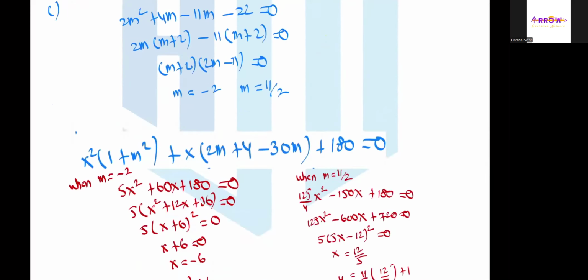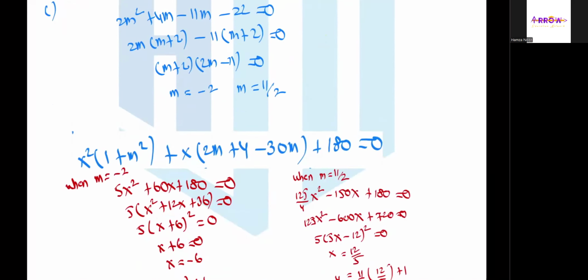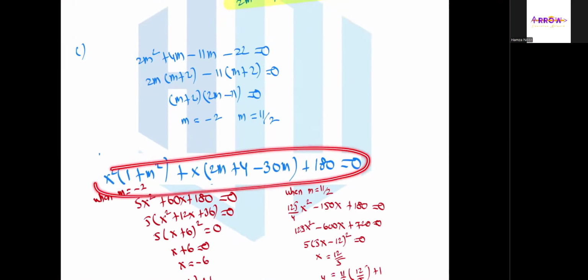Now we are going to substitute these values of m respectively into this equation. Why into this equation? Because this equation will give us the solution of the intersection between the line and the circle.